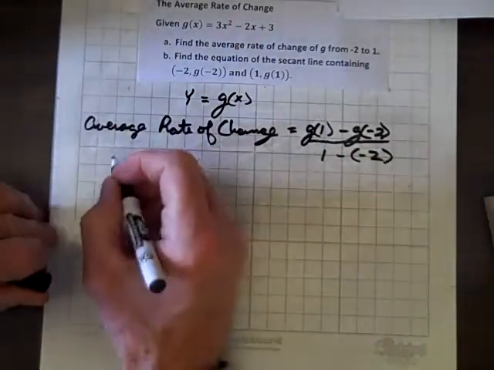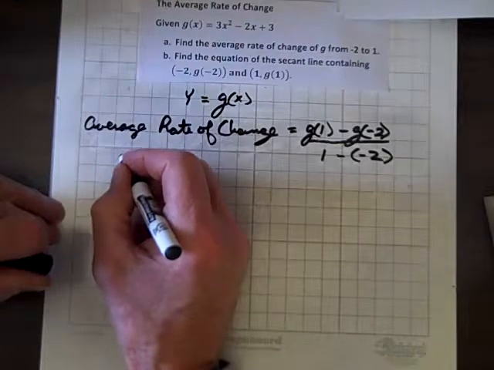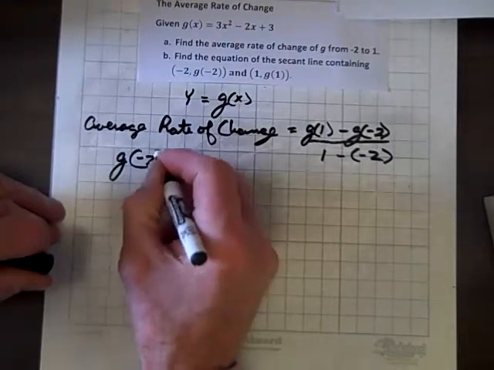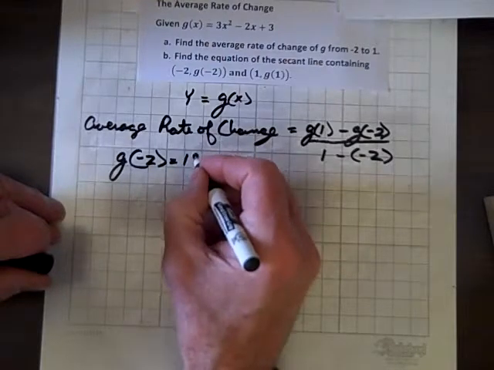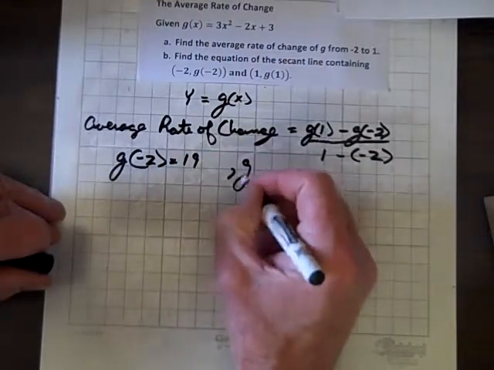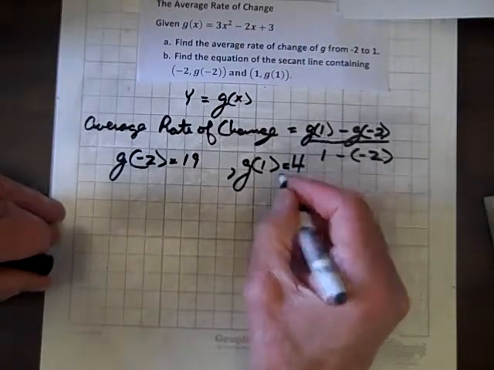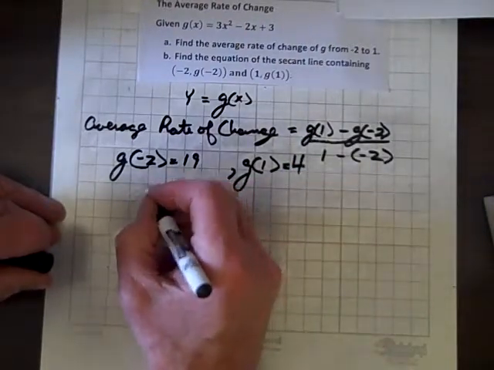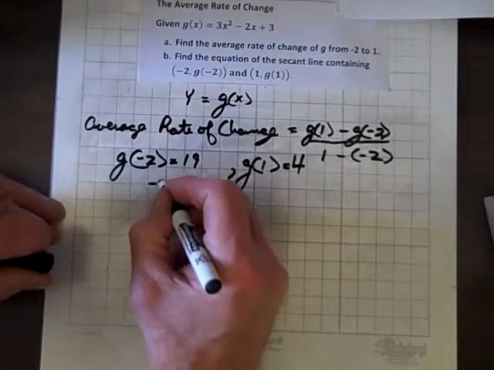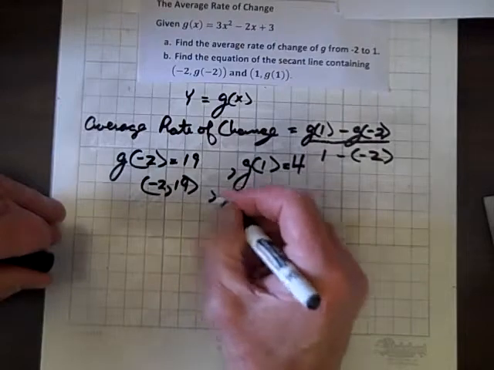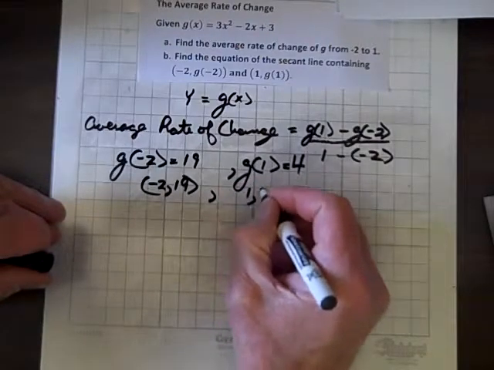And we know this, that g of negative 2 equals 19, and g of 1 equals 4. So our ordered pairs are negative 2, 19, and 1, 4.